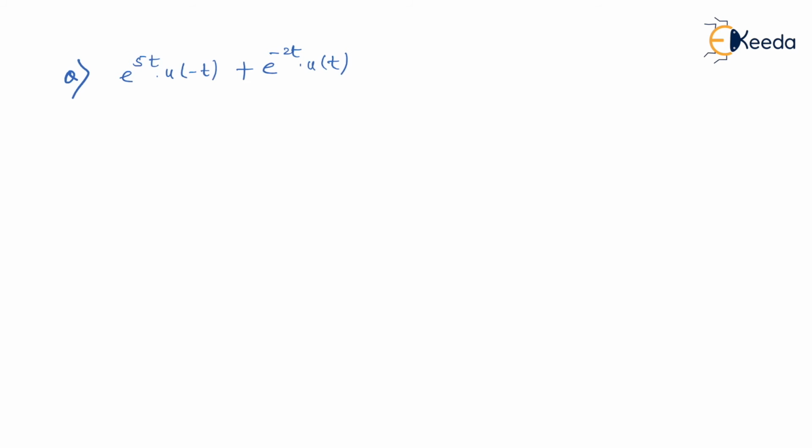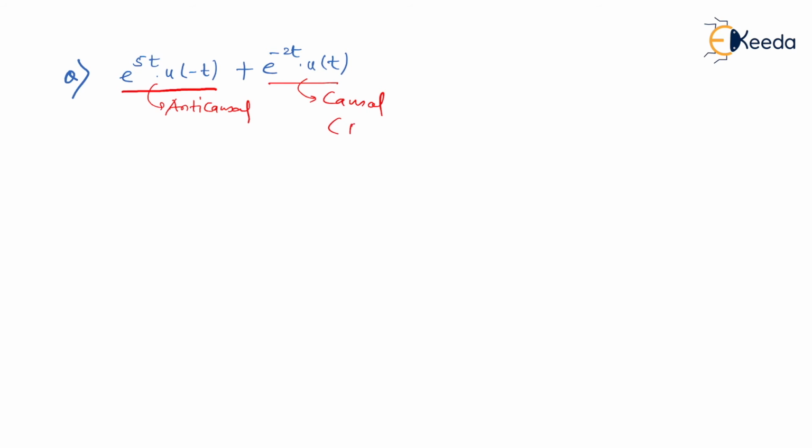Let us see individually what they are. Since the first function, e to the power of 5t, is multiplied with u of minus t, it is completely a left-handed signal. This is anti-causal. And here it is multiplied with u of t, so definitely this is causal.